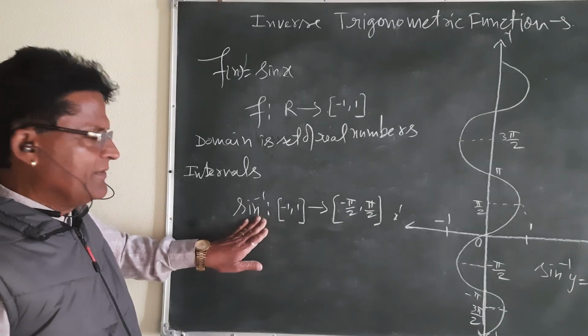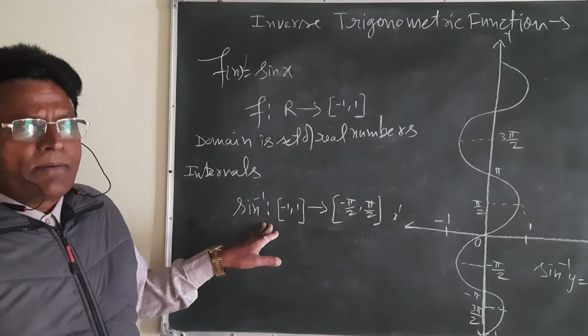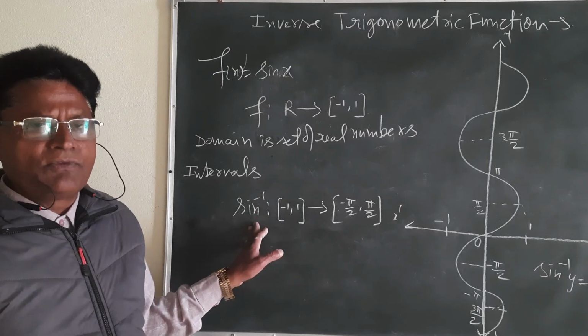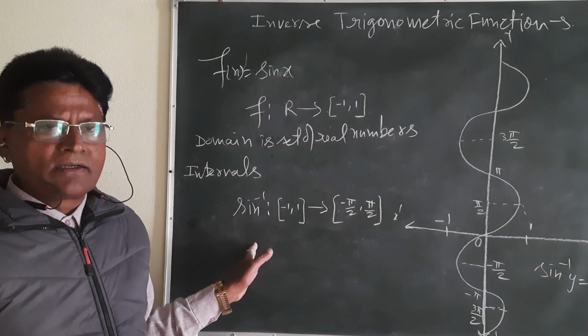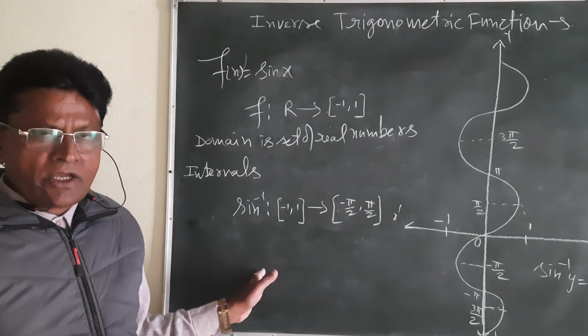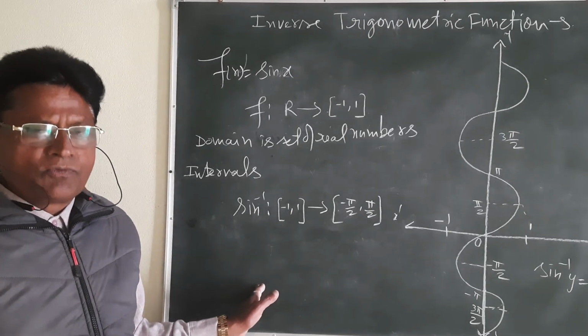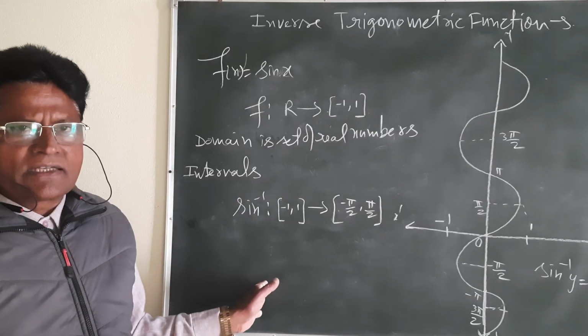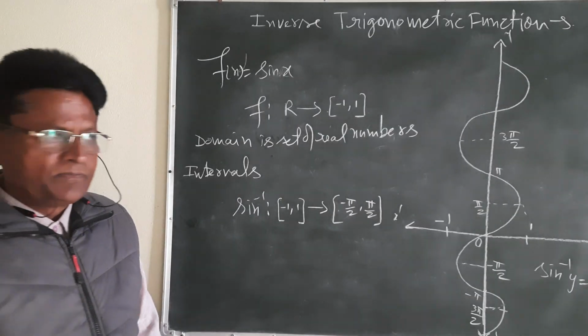Similarly, as I have explained the range for the sine inverse function, in the same way you can see it for cos inverse, for cosec inverse, for sec inverse, for tan inverse, and for cot inverse.